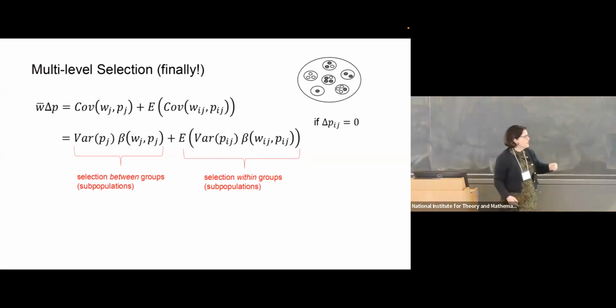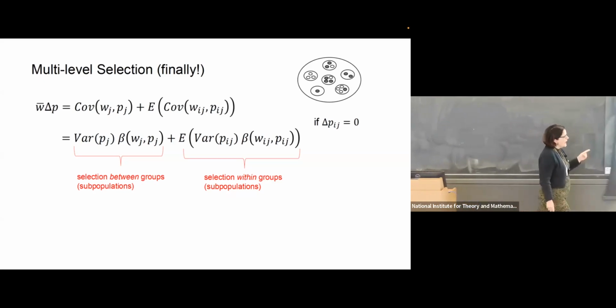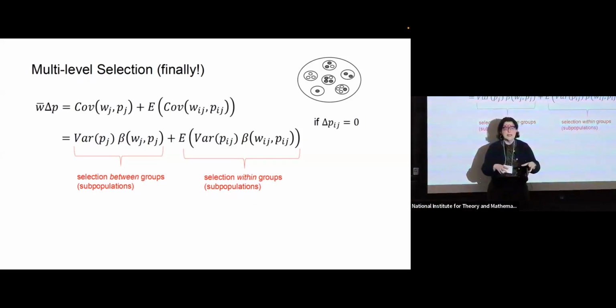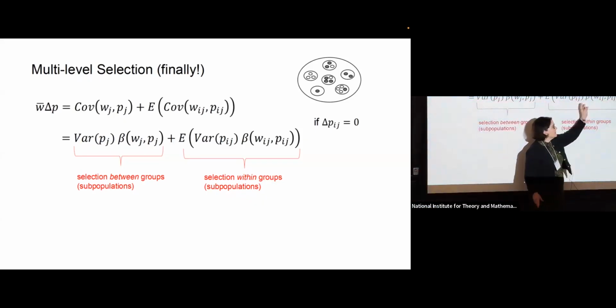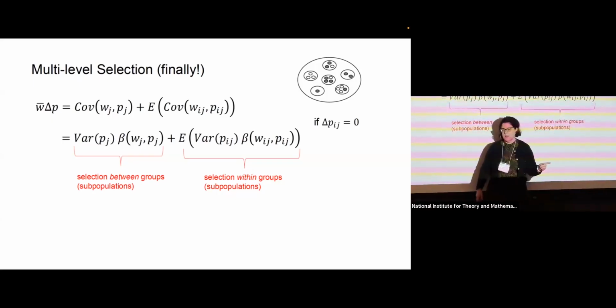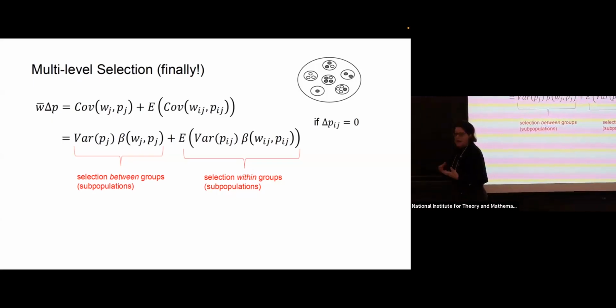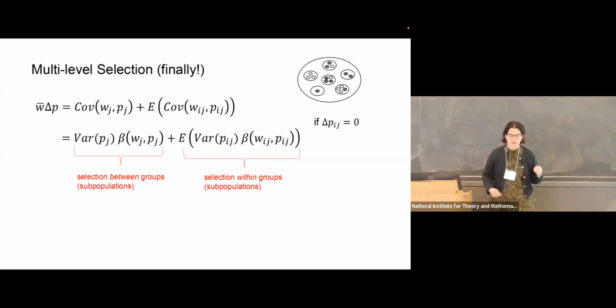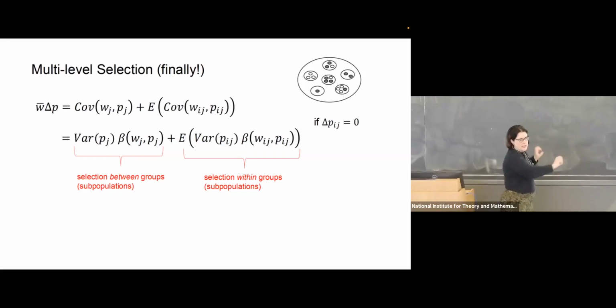Then we've got another term, though, and that's selection within groups, within my subpopulations. That depends on the variation in allele frequency of the individuals in the subpopulation and the relationship between individual fitness and whether or not they're carrying that big A allele. And that's often termed the individual selection. So this is the multi-level selection version of the Price equation, separating out group selection and individual selection.